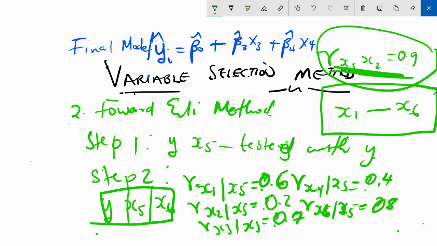Sir, what is the condition which stops the system from allowing those independent variables to enter the model? That one I can easily explain next week when we're doing the practicals. There's what we call significant level for entry and significant level for removal.